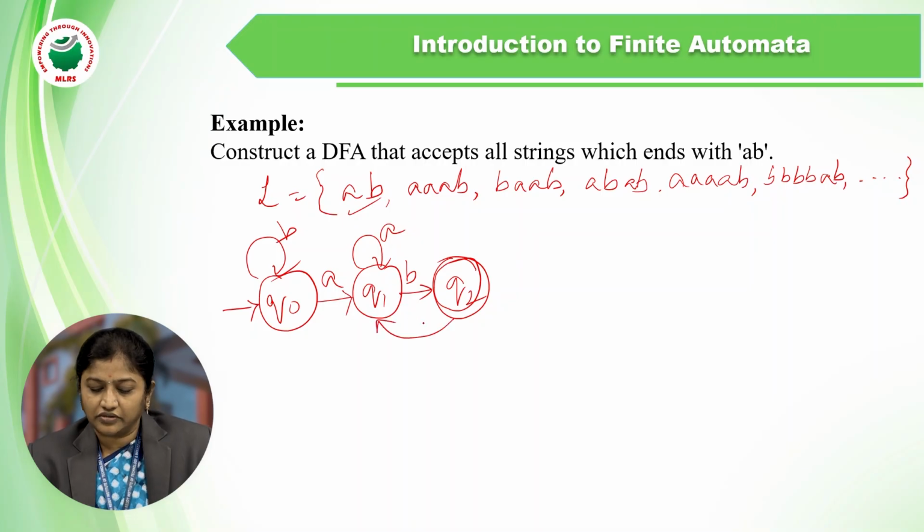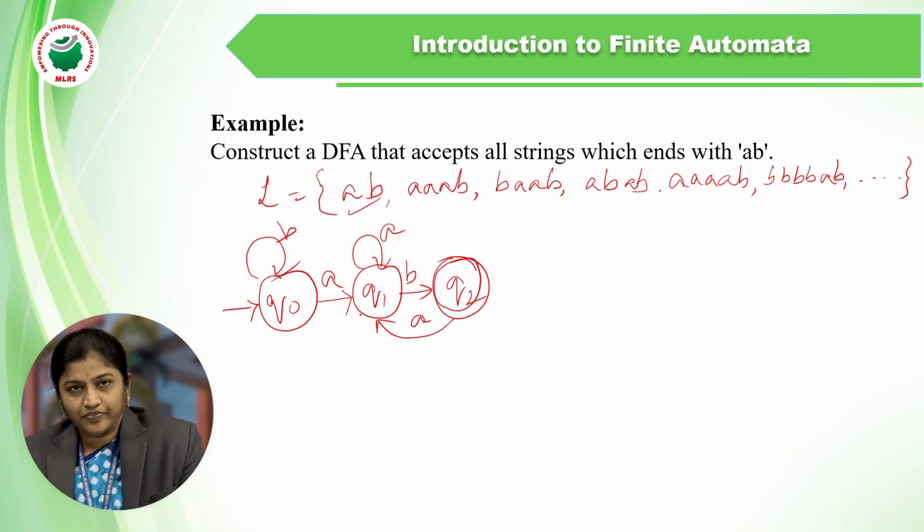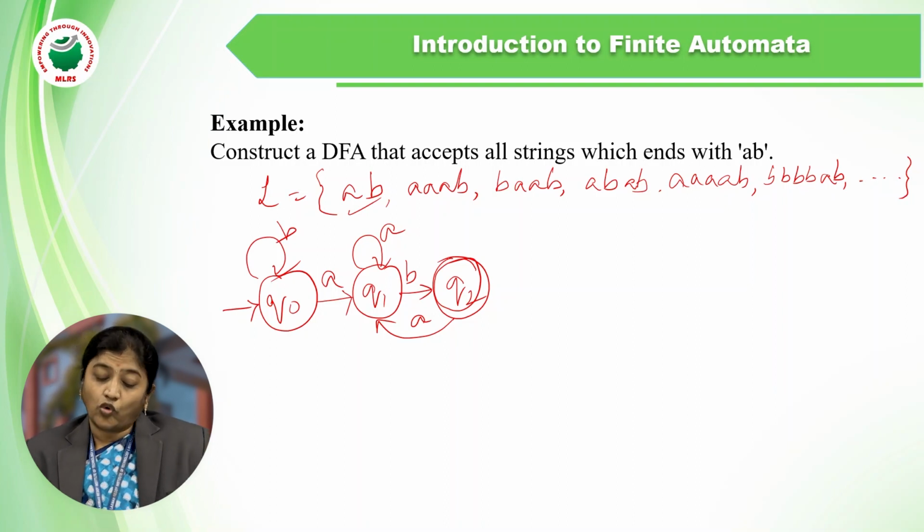Just check what happens if we take A here. After B, if A comes, we can go to Q1, but it should end with AB again, so A, B, ending with AB. So Q2 with A is over. And what about B? Is it possible to take B here on Q2 itself?